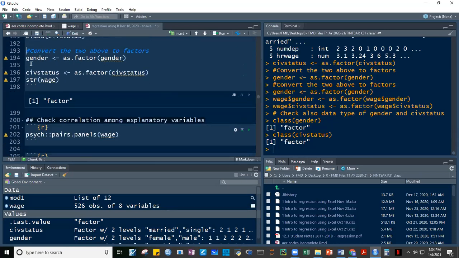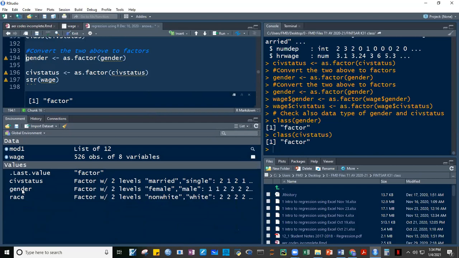Okay, dito, kailangan ipasok natin dito si wage. Kasi otherwise guys, here, magka-create tayo ng object called gender, and we don't want that. I'm not creating an object called gender. I'm dealing with the gender in wage. That's why guys, mali ako, no?